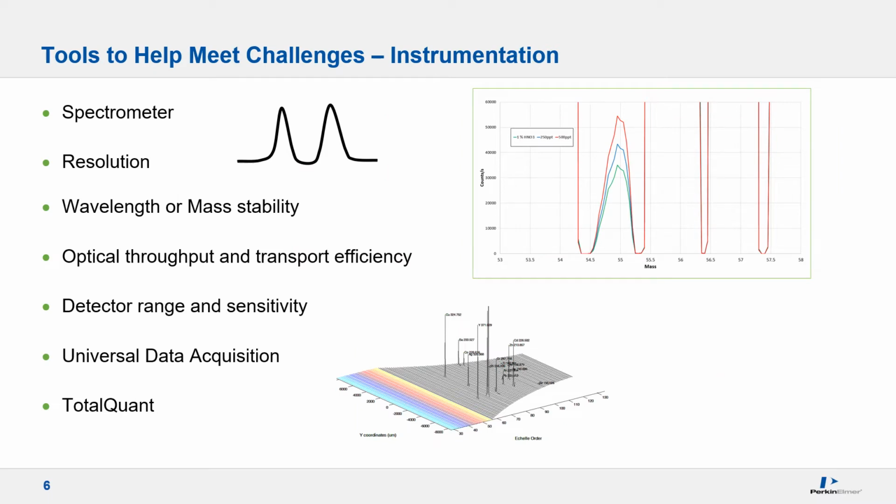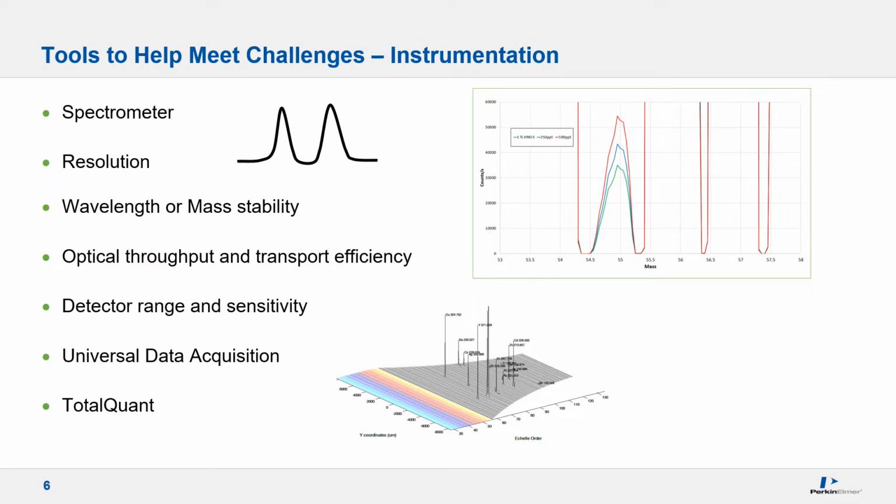Now, really, the tools to help meet challenges is the instrumentation the analyst has. So the instrument provides tools to help with the various challenges that the analyst meets. Resolution minimizes spectral interferences, and it may allow for the use of a more sensitive wavelength. In ICP-MS, resolution and abundance sensitivity help mitigate spectral overlap as well.